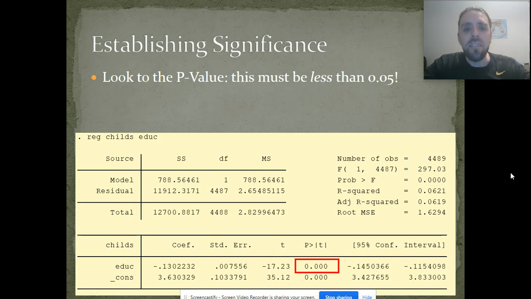But the value in that column, the p-value, must be less than 0.05. If you see a value there that is greater than 0.05, then there is not a significant relationship between the two variables. But if you see a value less than 0.05, it is significant beyond the 0.01 alpha.